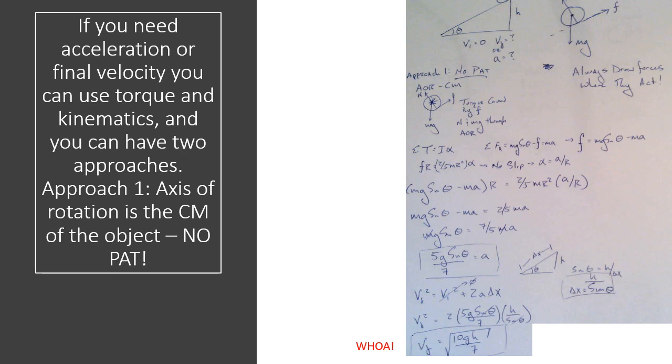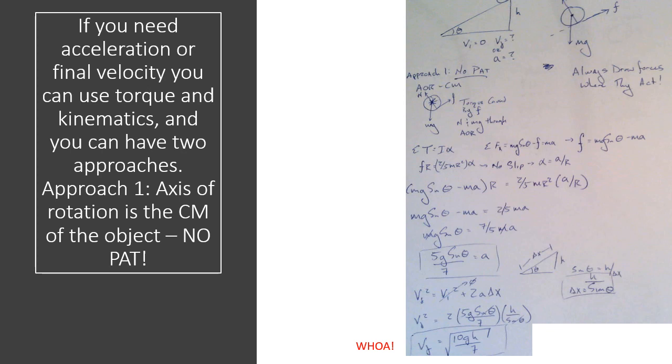So if it's in the x direction, we count it. And so kids get caught between those two rules because they haven't practiced enough. So make sure you practice this enough to where you understand that when you sum the forces, it doesn't matter what the axis of rotation is, because there is no axis of rotation. So mg sine of theta minus friction is equal to m times a.